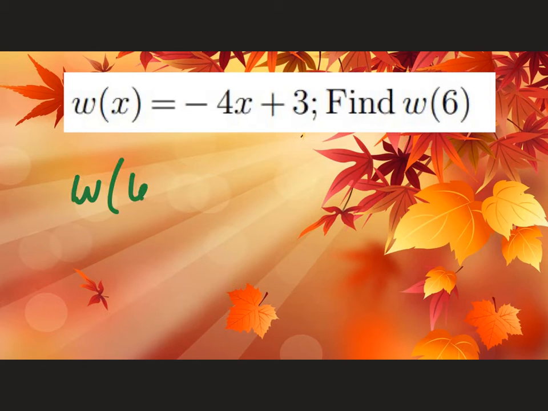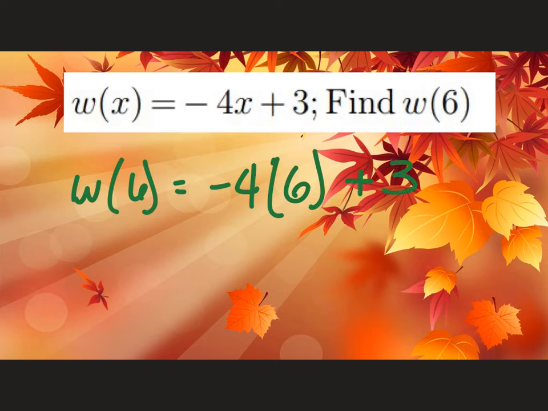W of 6 equals negative 4 times 6 plus 3. You know, this is kind of like the whole toaster idea. The 6 is your bread, and whatever you calculate is your toast.